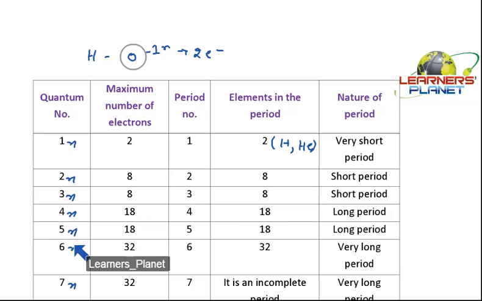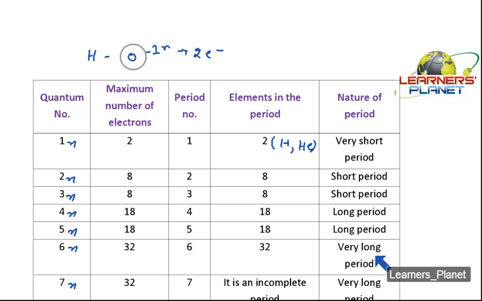Now we've got fifth period. The number of elements in the fifth period are 18, and it can accommodate how many electrons? 18, and the period number is 5. This is also a long period. Then we've got 6n, that is, the maximum number of elements in this period are 32, and it can accommodate how many electrons? 32, and this is a very long period.